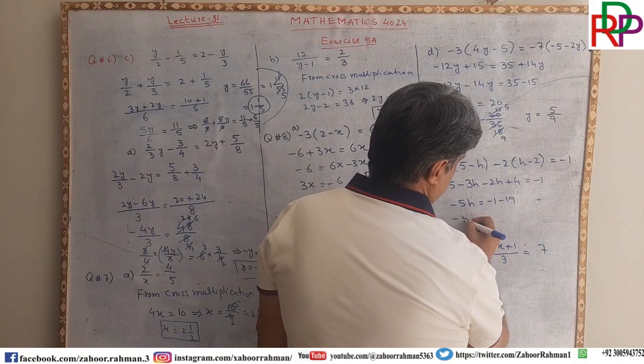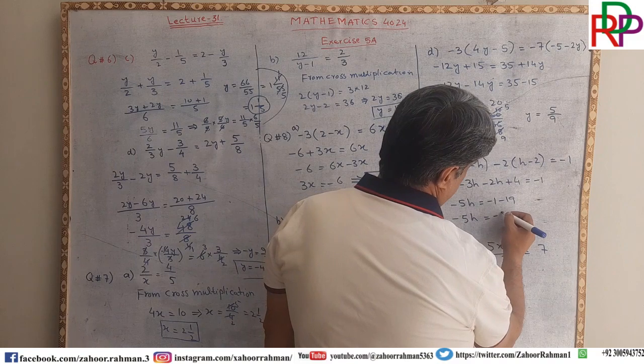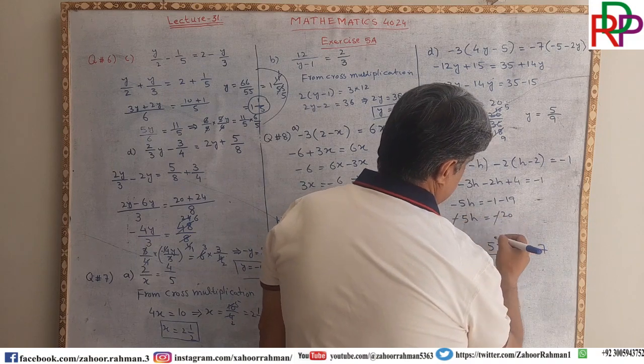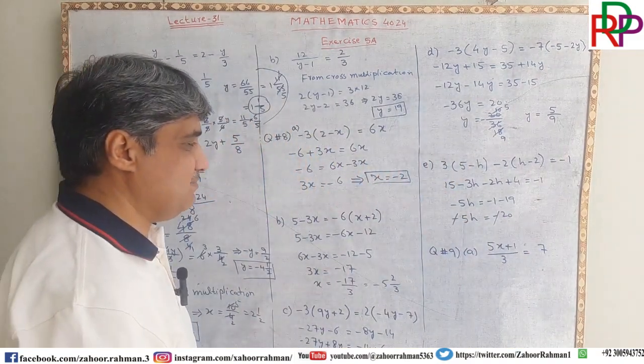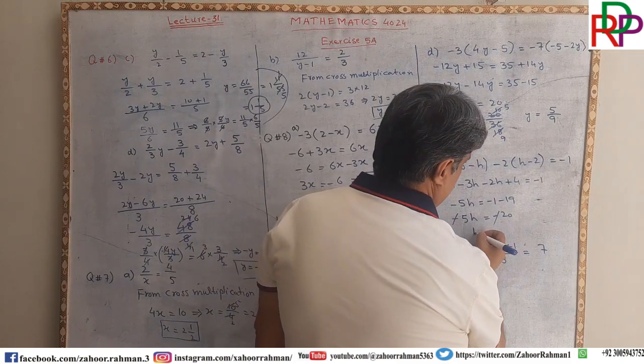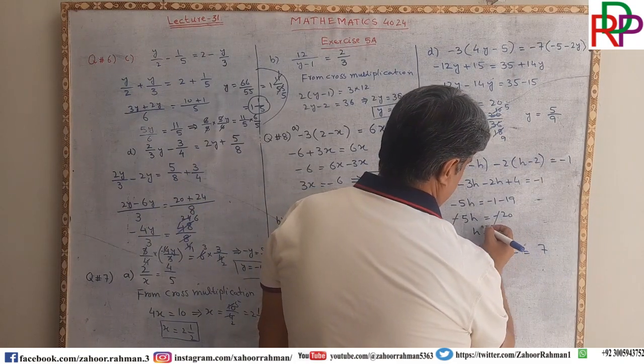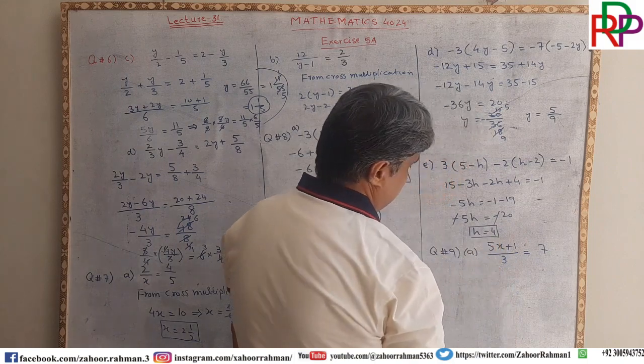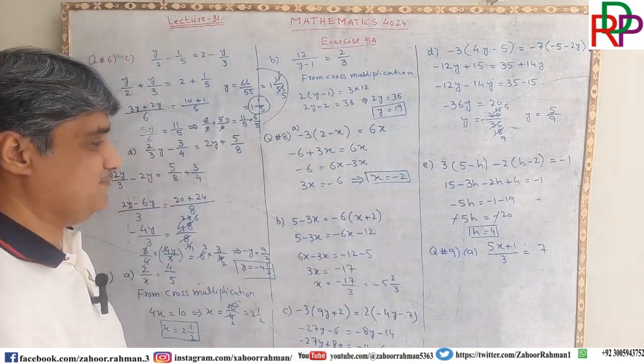So minus 5h is equal to minus 20. Directly I am cutting this minus with this minus. So h is equal to 4 is the ultimate answer of this part.